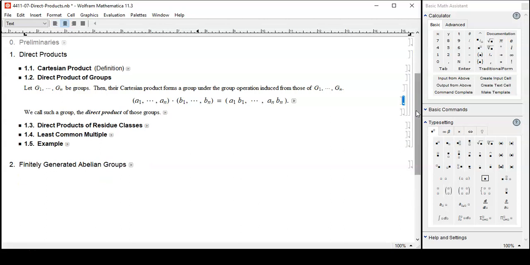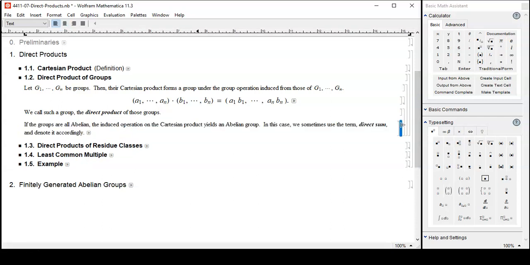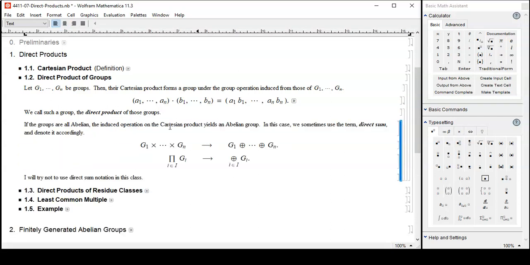So we do have the direct product of groups, and in a special case, we may use the term direct sum, especially when we have abelian groups. Then we sometimes use sum notation instead of product notation. That makes a lot of sense because the preferred expression for group operations in abelian cases is the addition symbol, so that it really looks commutative.